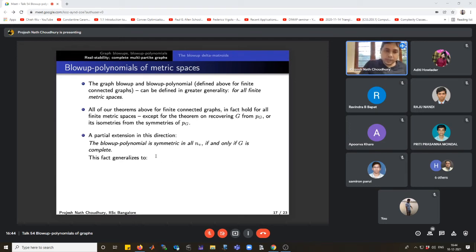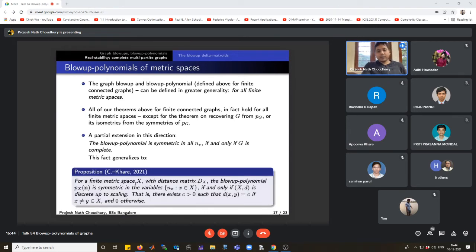And more generally, for a finite metric space X with a distance matrix d_X, we can define the blow-up polynomial exactly the same way, and this polynomial is symmetric in these variables if and only if X is a discrete metric space, meaning there exists some positive c such that the distance is c if x is not equal to y, and otherwise it is 0.